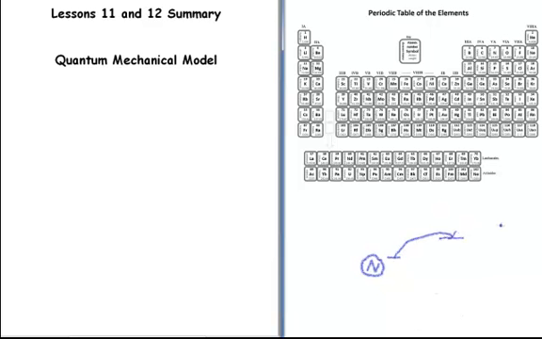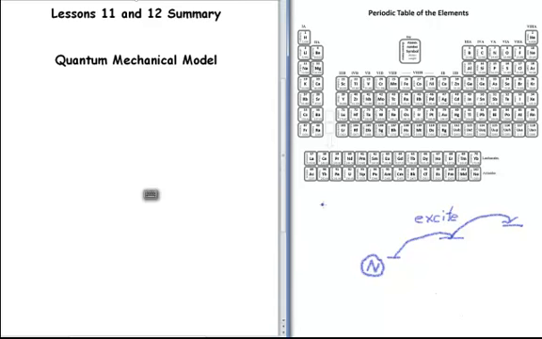There are different specific locations from the nucleus that electrons can jump to. When they do this, they excite. That is what we call it, when they absorb energy. Now, they actually prefer to be in what's called their ground state.